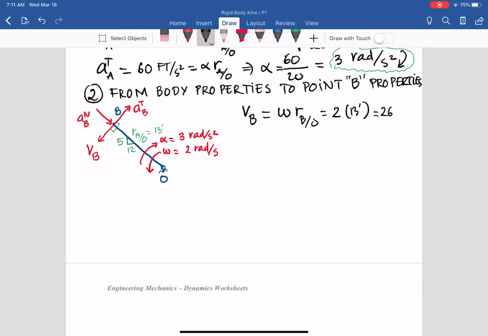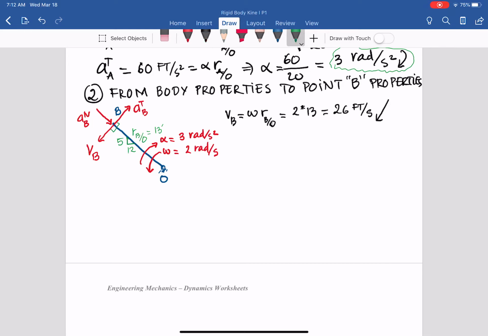So V_B equals omega times R_B relative to O, which is 2 times 13, so it will be 26 feet per second, and in this case you can see it going down, so we make the direction go down.